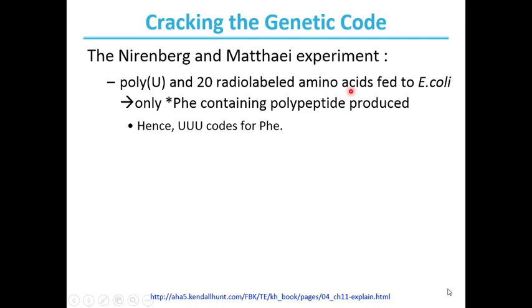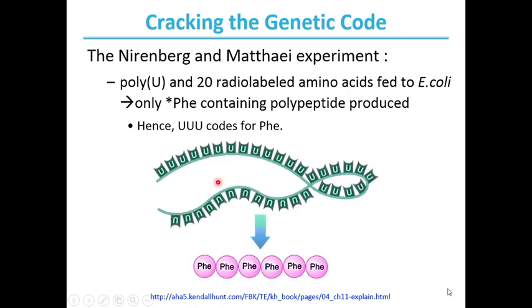They incubated synthetic polyuridylate, or poly-U as it is called, with an E. coli extract, a bacterial extract. They also added GTP, ATP, and a mixture of 20 amino acids in 20 different tubes. So this was performed in 20 different tubes, each containing a different radioactively labeled amino acid.